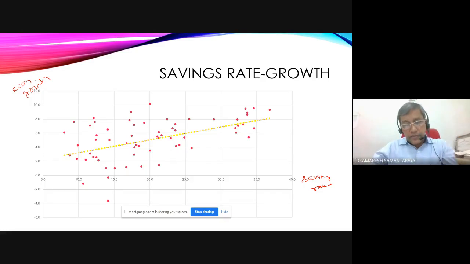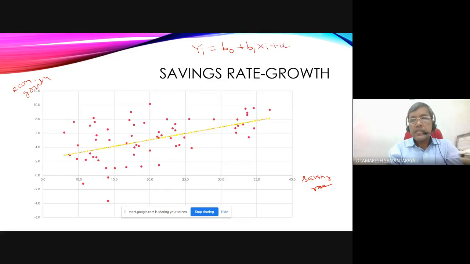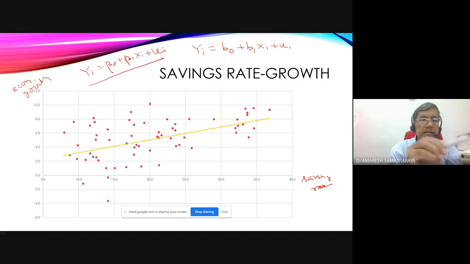When I'm estimating for this sample, maybe I will denote my coefficients differently. I can say yi is equal to beta 0 plus beta 1 xi plus ui. This is the general model, and beta 0, beta 1 are population parameters.